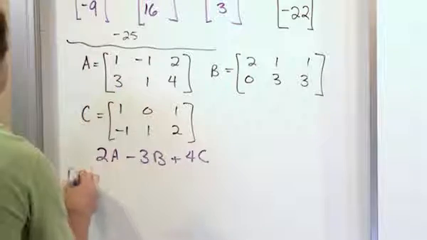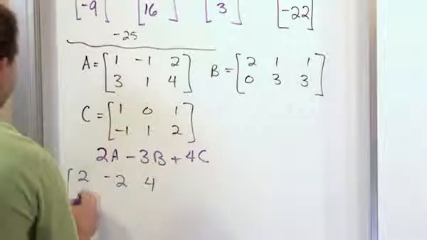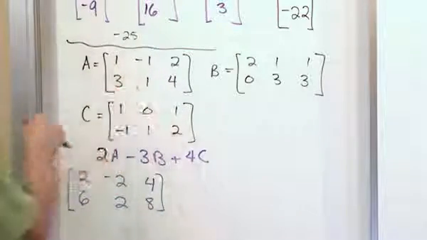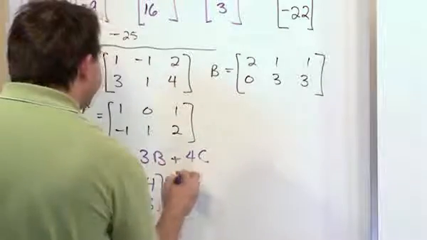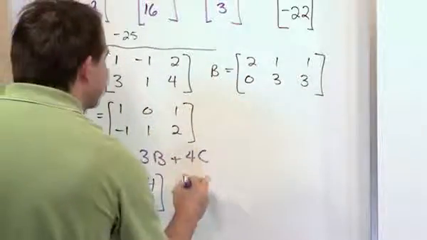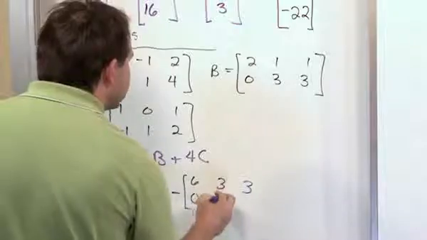2 times matrix A gives us a new matrix. We use the 2 multiplied by every element. 2 times 1 is 2, 2 times -1 is -2, and we'll have a 4, a 6, a 2, and an 8. I think you can agree we're multiplying every element by the number 2. Then we have a minus sign, and we do 3 times matrix B. 3 times 2 is 6, 3 times 1 is 3, so we have 3, 0, 9, 9.